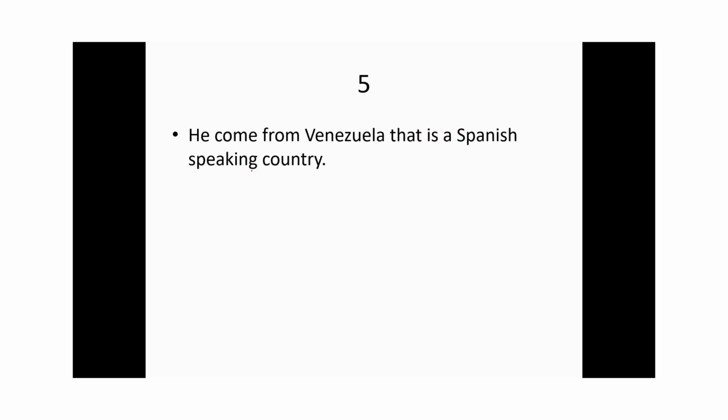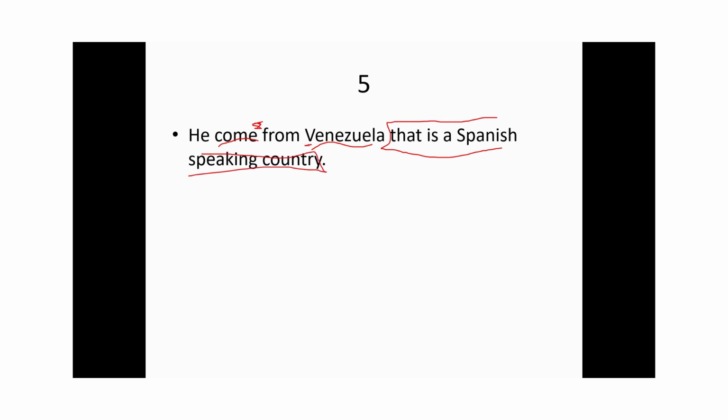He come from Venezuela. That is a Spanish-speaking country. My first problem is just basic subject-verb agreement. That should be comes here. Okay. But I have Venezuela, and then I have this adjective clause that gives me extra information about Venezuela.